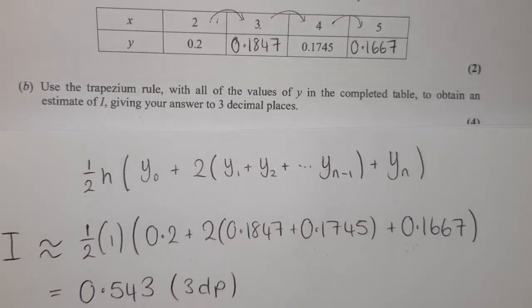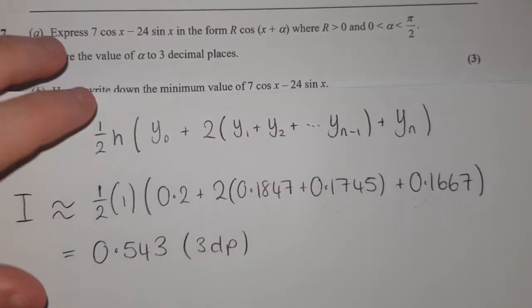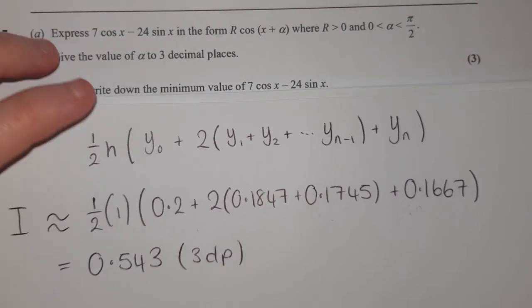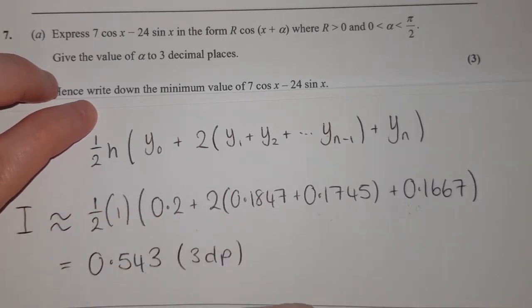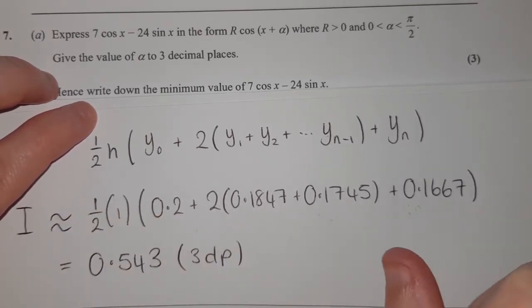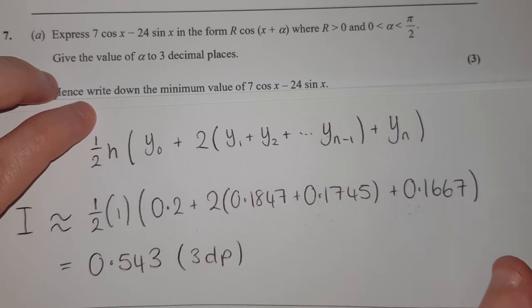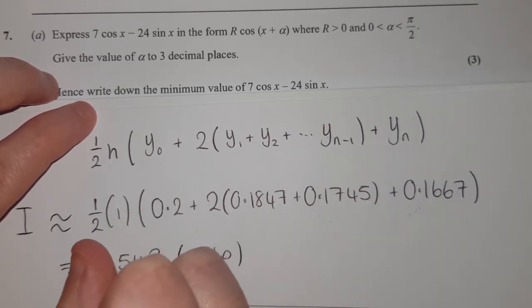Next part is a little bit trickier and worth a lot more marks. What you're going to do is use the substitution x equals u minus 4 squared plus 1 in the integral.